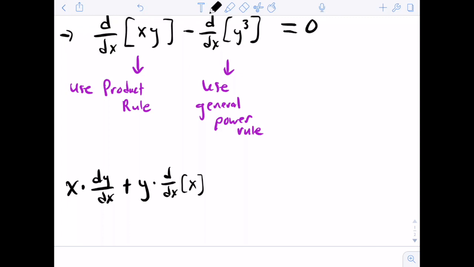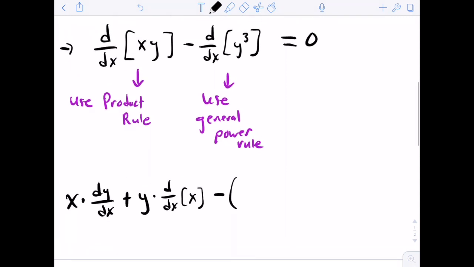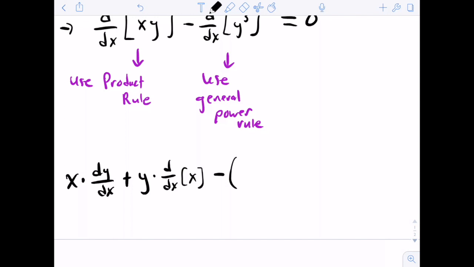And then for the second bit, we've got minus the derivative of y cubed. We have to use the general power rule, right? So the 3 comes down, you've got y squared, and then you have to multiply by the derivative of y, right? And this is equal to 0. That's just the general power rule.